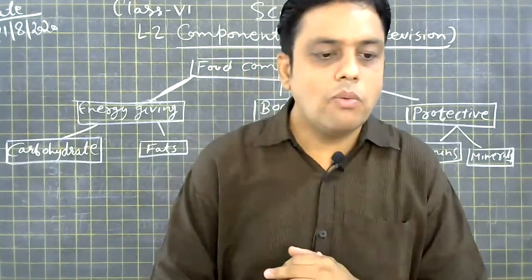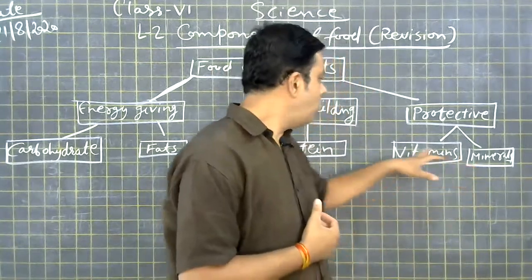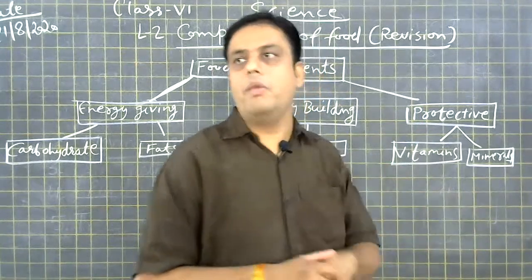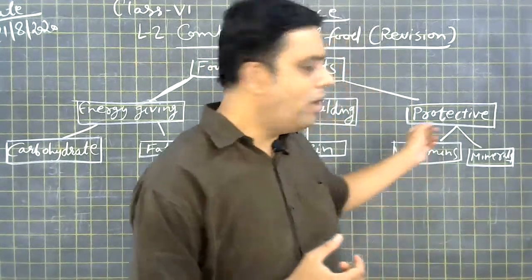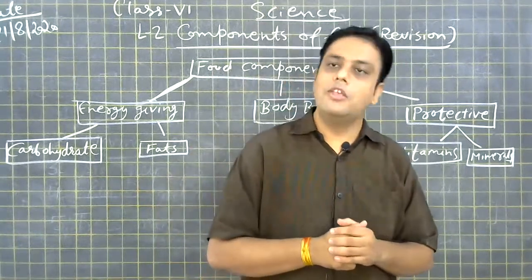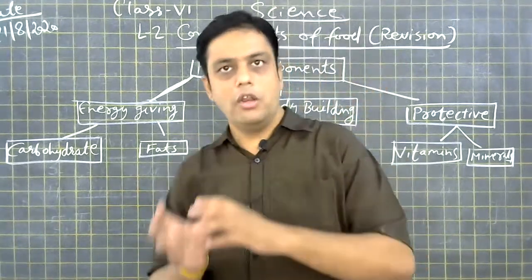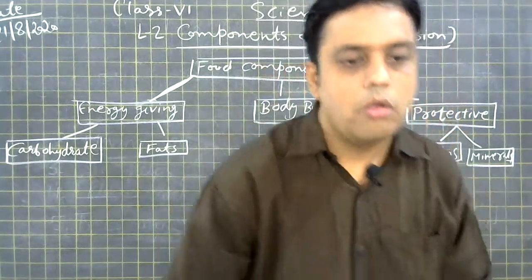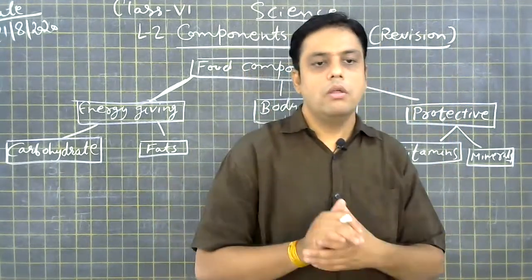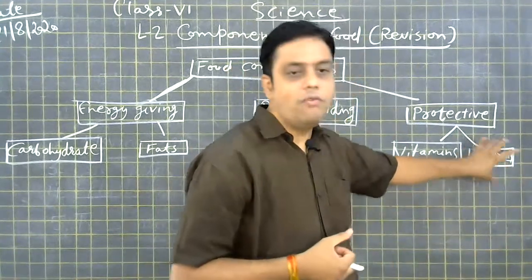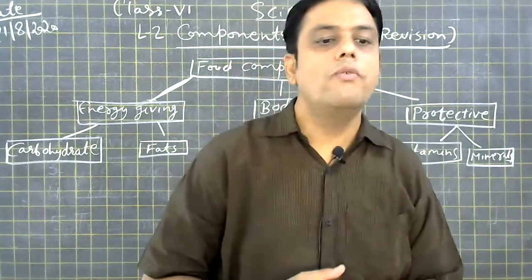Next, we are talking about protective foods. One is vitamin, the other is mineral. There are so many minerals that are essential for our body. It needs them in a very small amount, but we need them. These minerals are necessary for our various body functions.